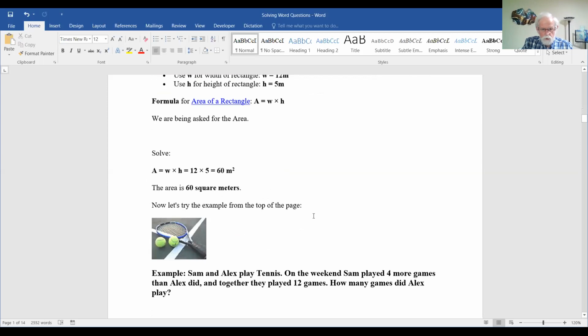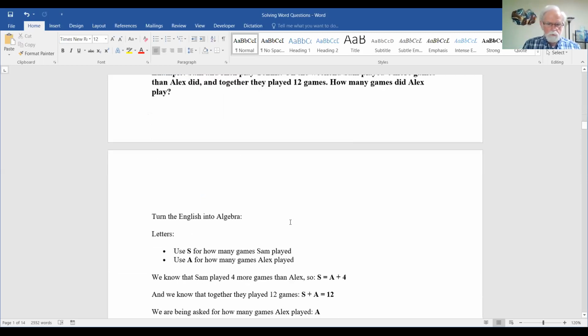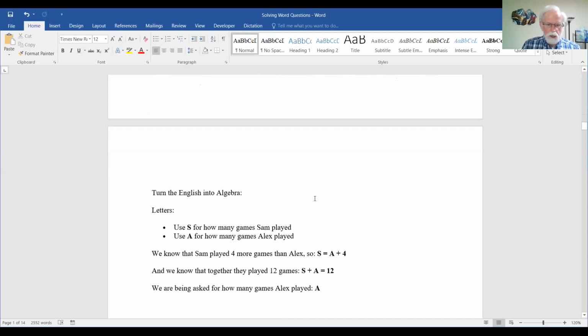So we went through the calculation of the number of tennis games played by Sam and Alex already, and this sort of shows how we set that out. So we already decided that the number of games Sam played, or S, is going to be the number of games Alex played plus 4. So together we know they played 12.